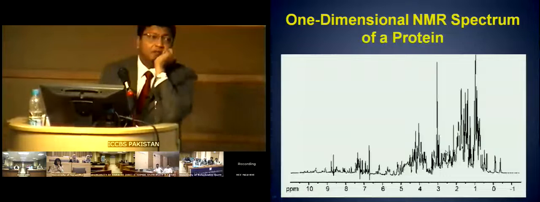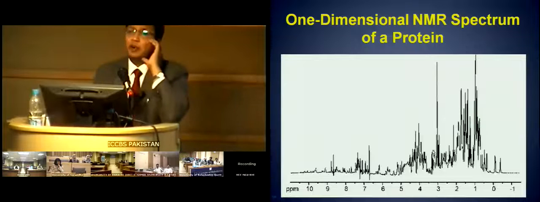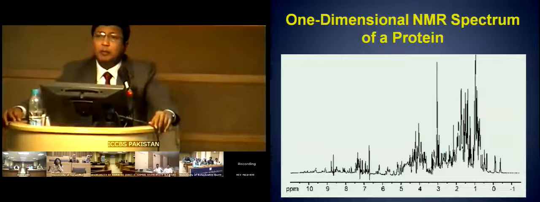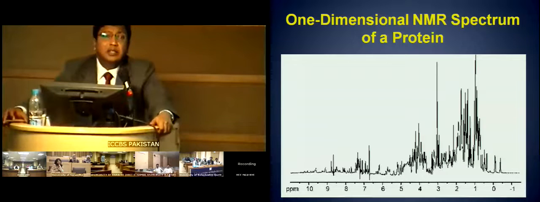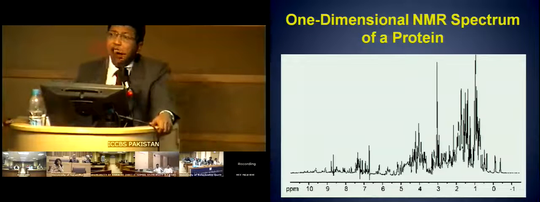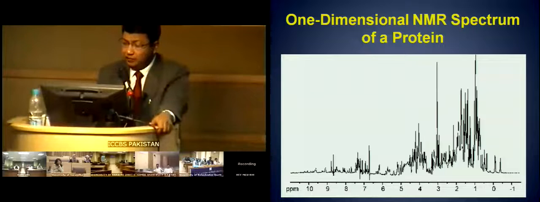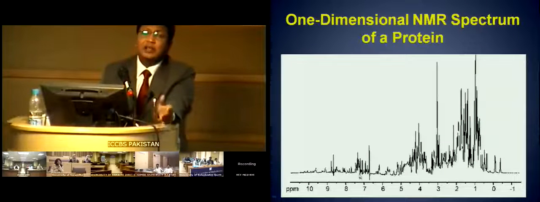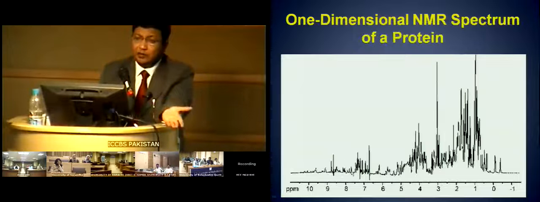Problem is that you can't read it. The problem is not the lack of information. Problem is not that information is not there. Every possible information is there. For half an hour I could tell you what these different things are. I can tell you that these regions belong to different types of aromatics.